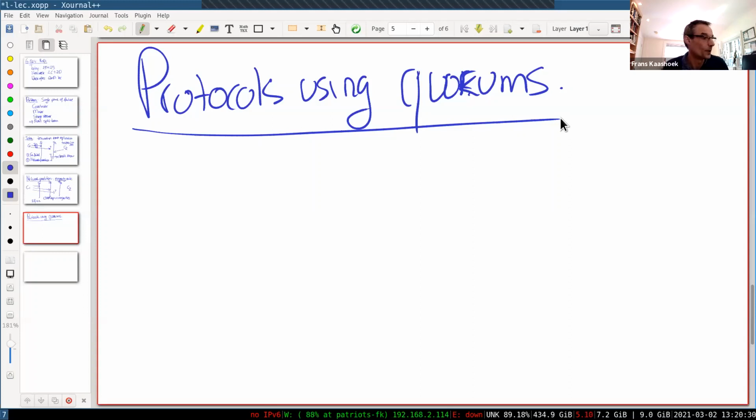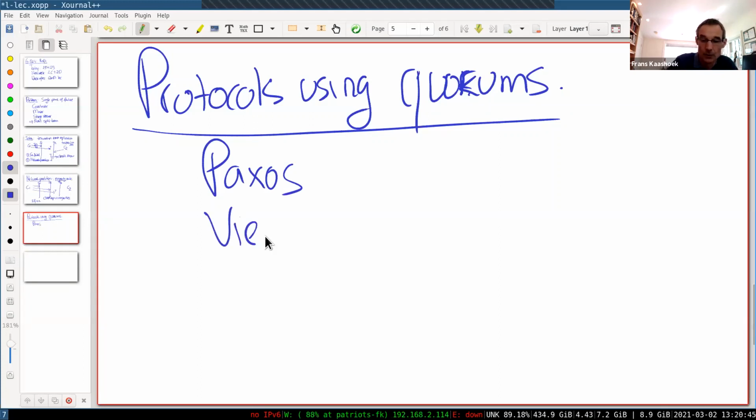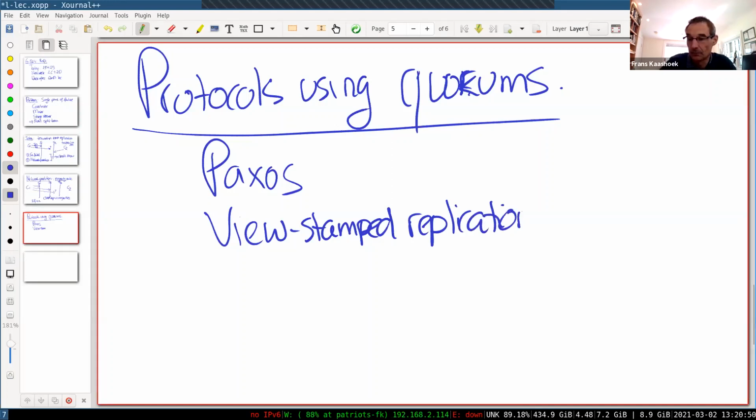So we were always in the situation of a single point of failure. Then in the early 90s, two protocols were invented roughly at the same time. One is called Paxos, which is mentioned in the paper quite a bit. The other is called viewstamped replication, sometimes called VR. These were invented around 1990.